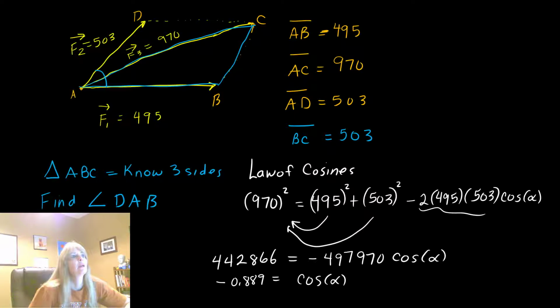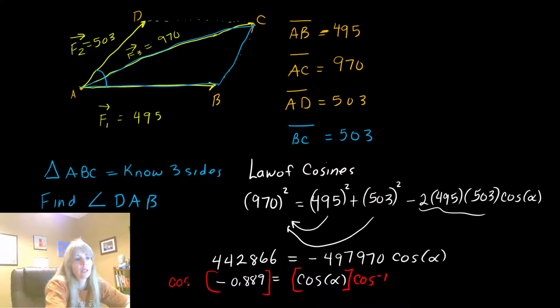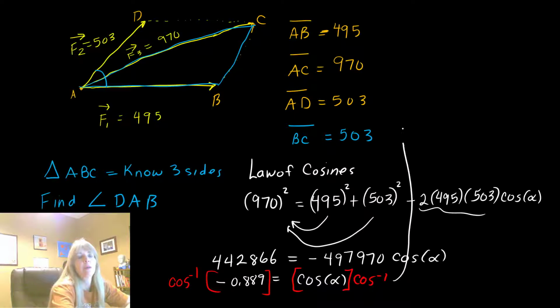And then here I'm going to do cosine inverse so I can solve this for my angle. So when I solve this, I got the angle alpha.